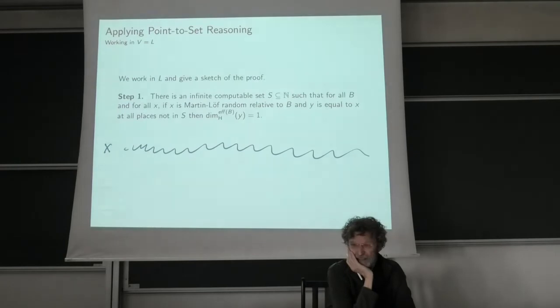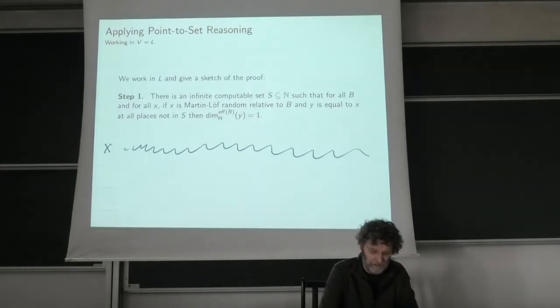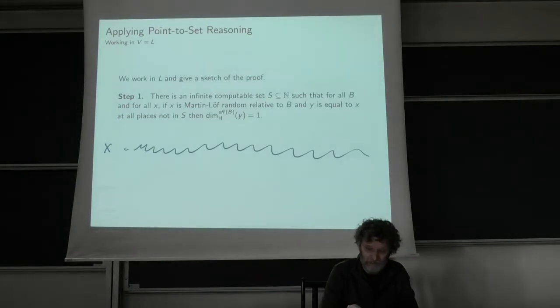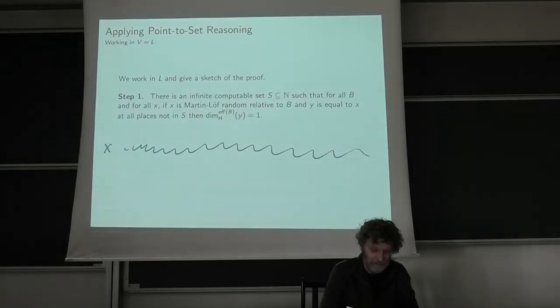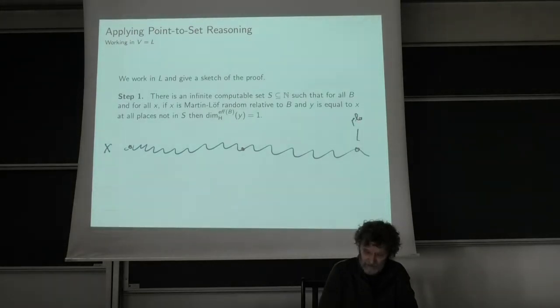Something that's fast-growing. The enumeration of S is a fast-growing function. So here is an element of S. Here's an element of S. Up here is an element of S. This is a place in S.